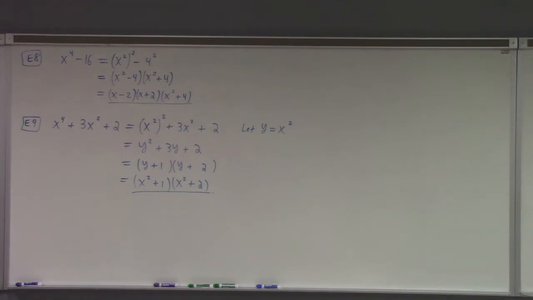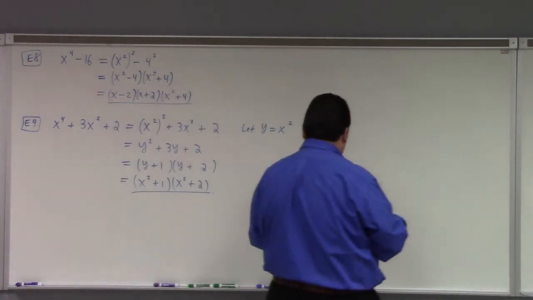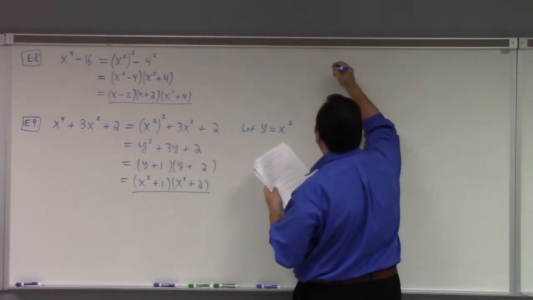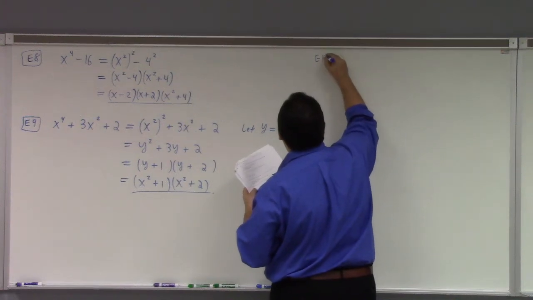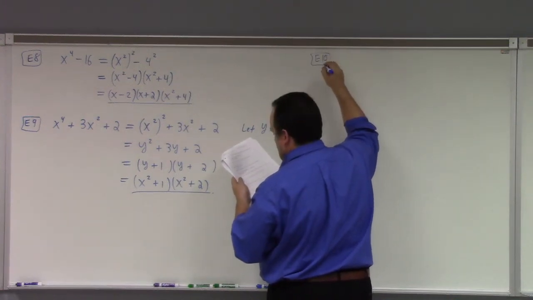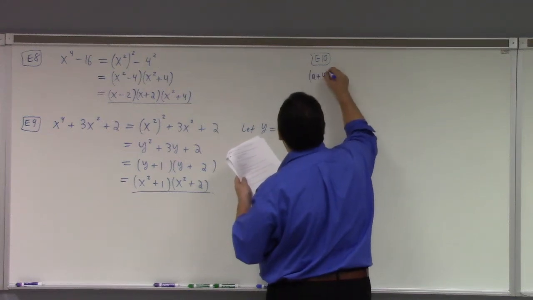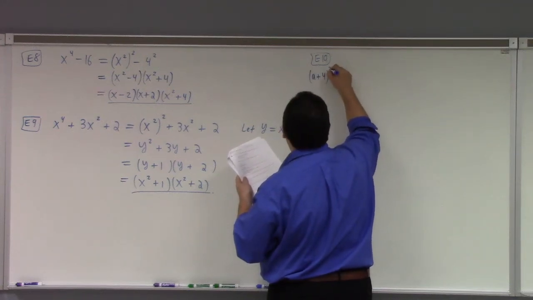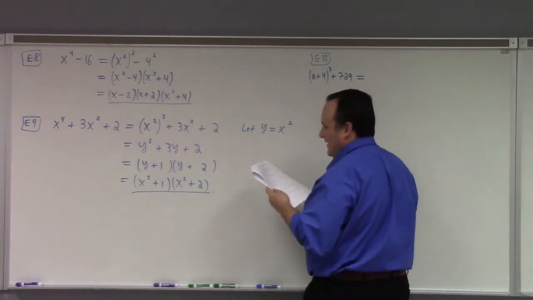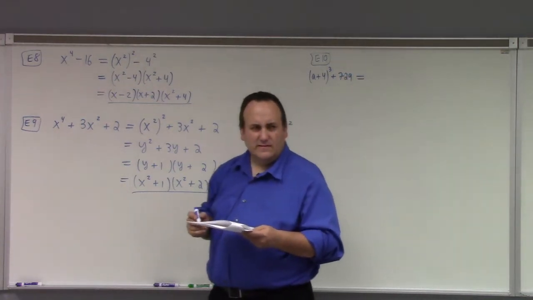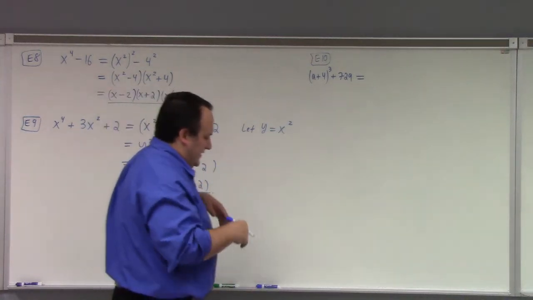All right, I'll do one last example on factoring, and then I'm going to move on. So here I have a plus 4 to the 3rd power plus 729. I think this is kind of like one I did last time for you guys, but actually, did I do this one already? I think I did this one already in here, but I'll do it again.